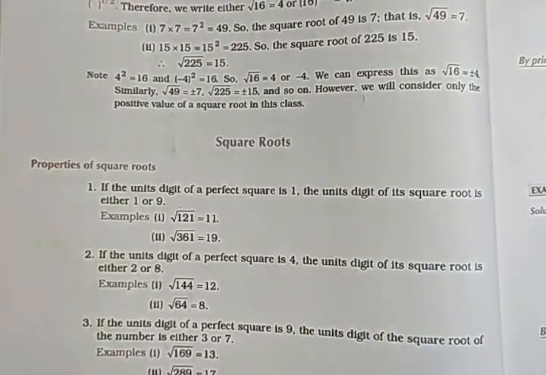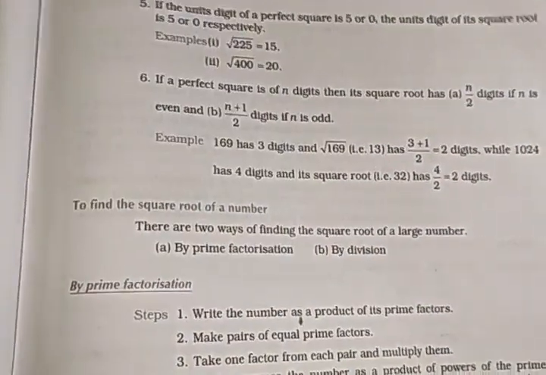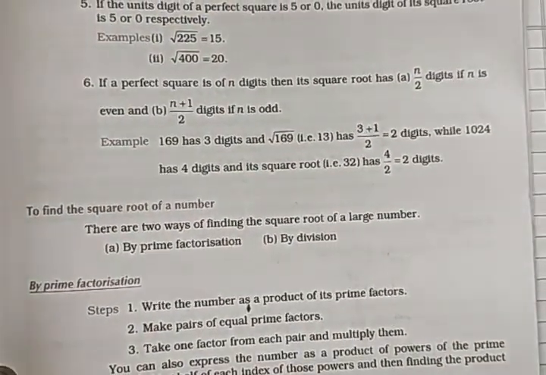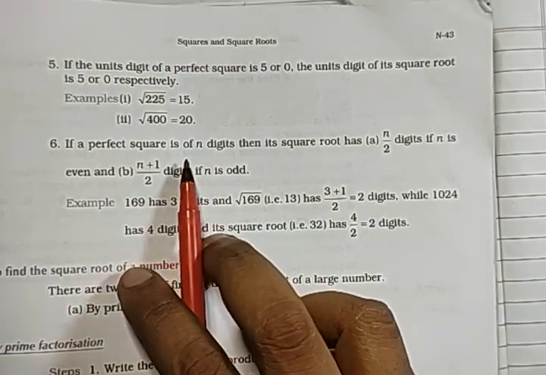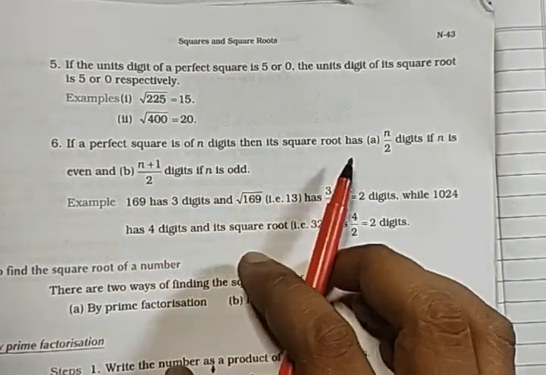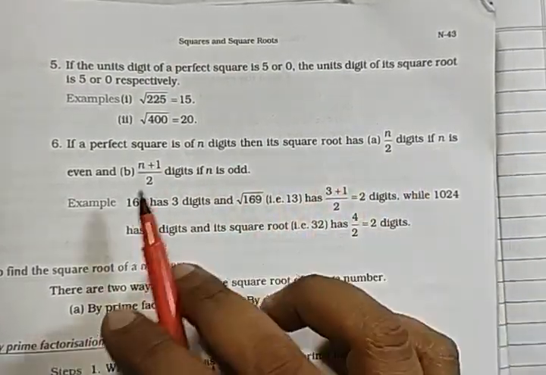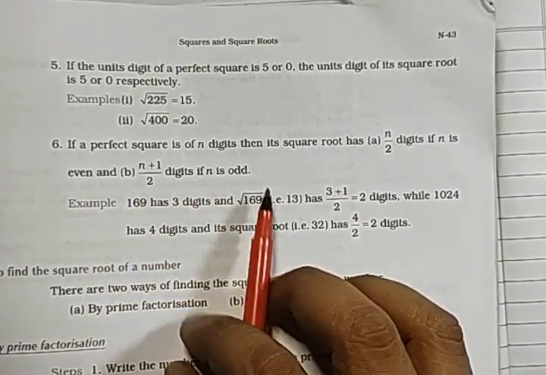Similarly, there are different laws, you can go through them. Then, as you can see over here, if a perfect square has n digits, then its square root has n by 2 digits if n is even, and n plus 1 by 2 digits if n is odd.